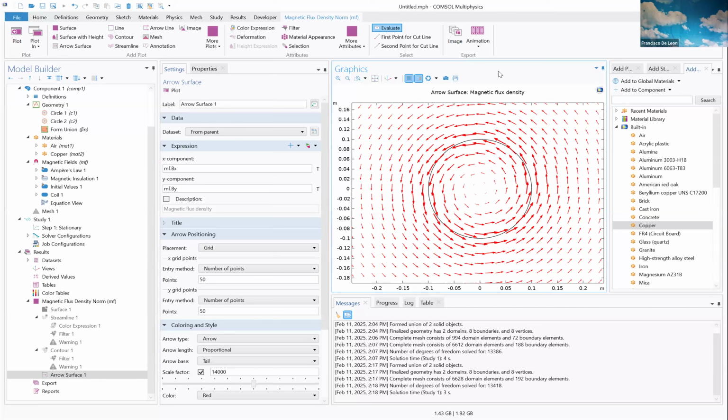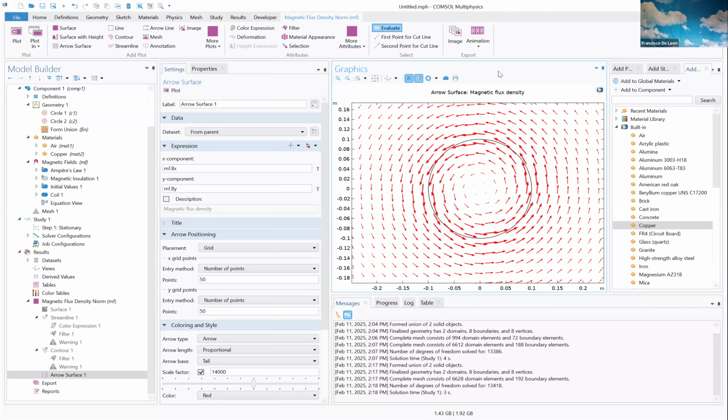Remember, according to Ampere's law, the field inside depends on the current that is enclosed. The current enclosed in the center is zero, so the field is zero. But just a little bit outside, we will find a field. The maximum field will occur at the surface of the conductor, and then it will start decaying.